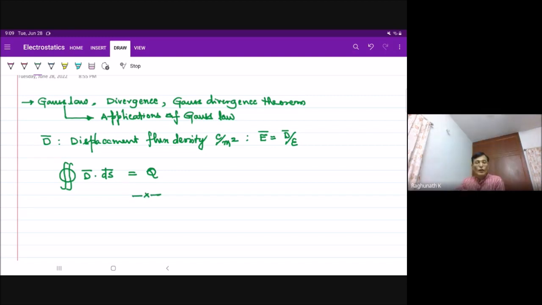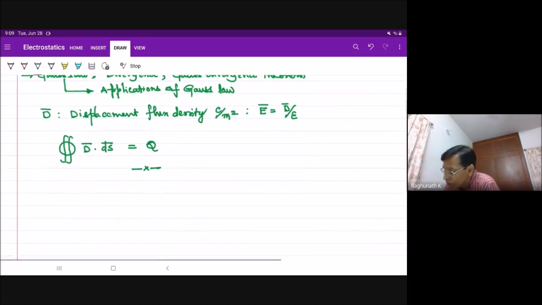Next, using this, please check whether this statement is clear or not.